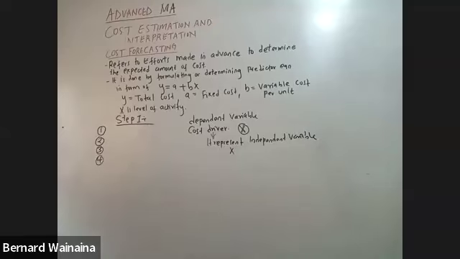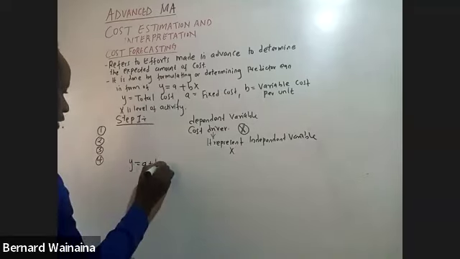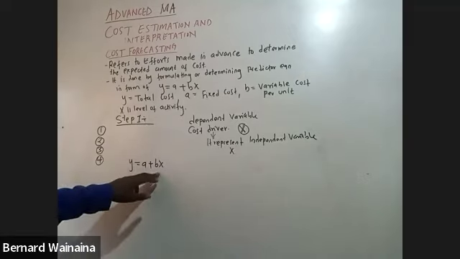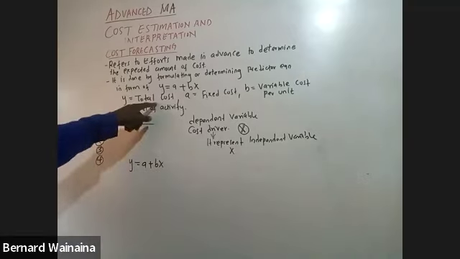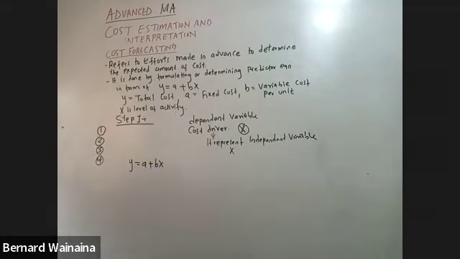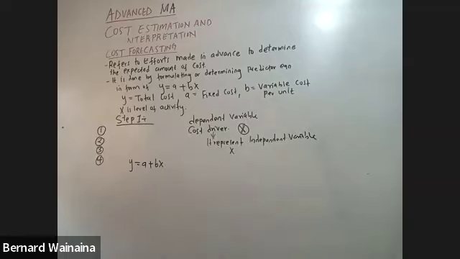Step number 5, which is the second last, develop a cost function in form of y is equal to a plus bx. You know y is the total cost, a is the fixed cost, b is the variable cost per unit, and x is the number of units if you are talking about cost.